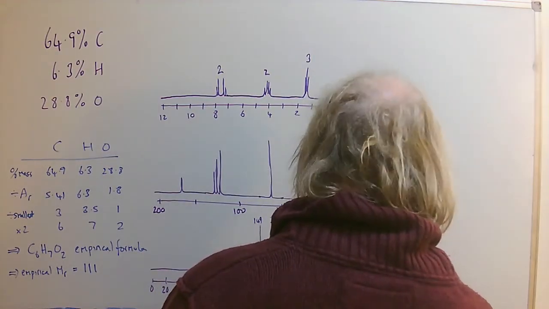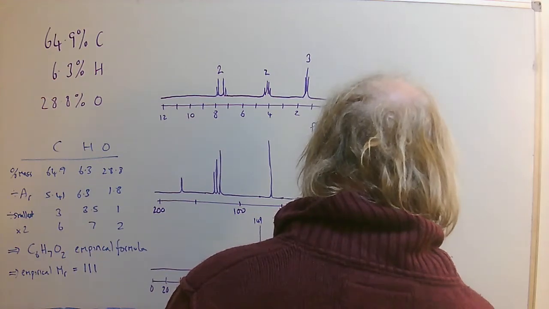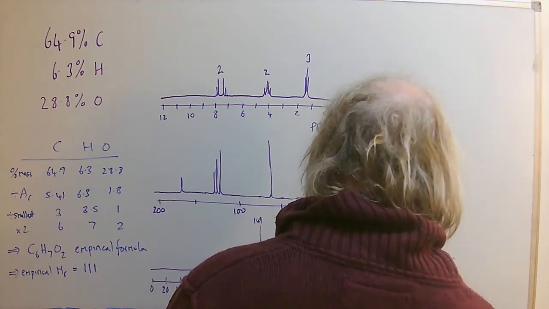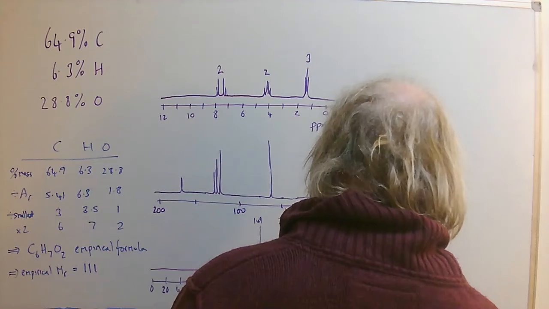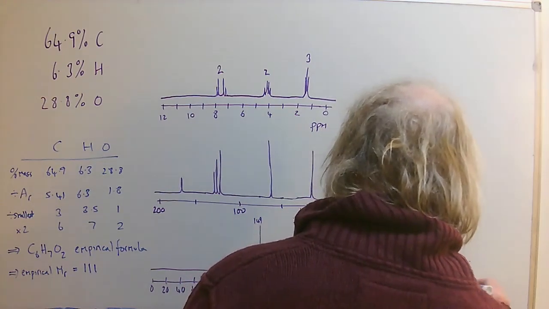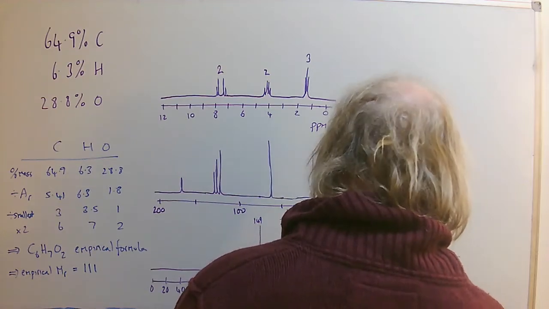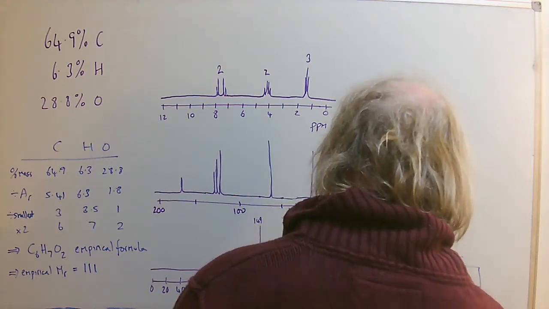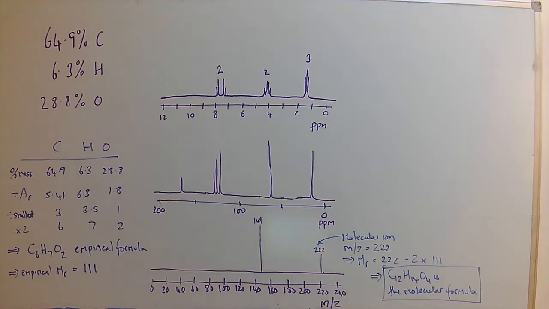So C12H14O4 is the molecular formula. Okay, so that's the first important part of the operation, is to calculate the molecular formula, and then you can start looking at the NMR spectra.